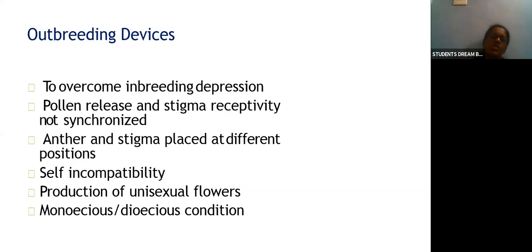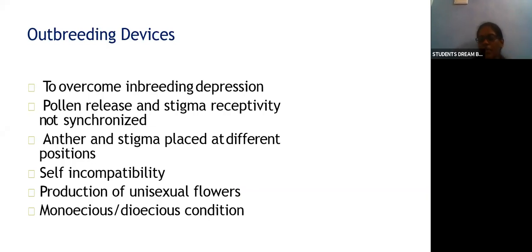Clear? So first is pollen release and stigma receptivity not synchronized. Okay, what is it? Receptivity not synchronized na, pollens வந்து release ஆகும்போது stigma should not be in a position to receive it.